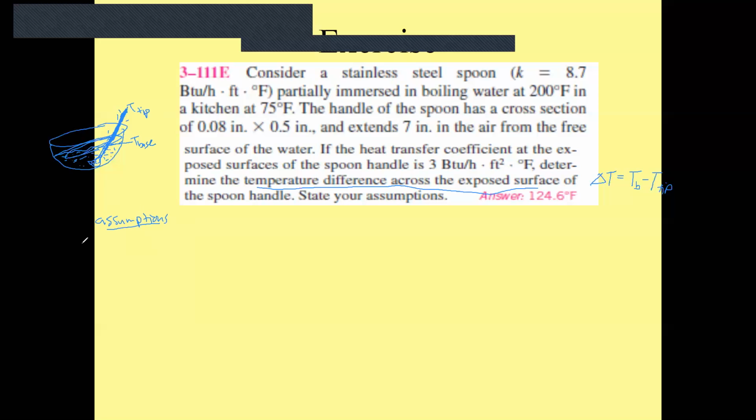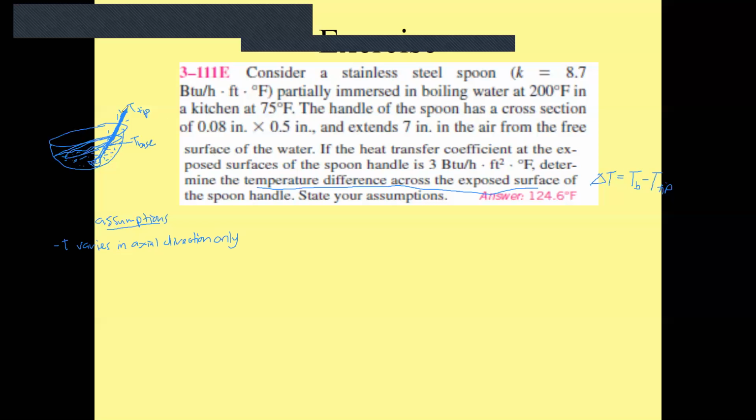Okay. So we can say the temperature varies in axial direction only. So in your answer, I want you to write it in full. What do we mean by the axial direction only?